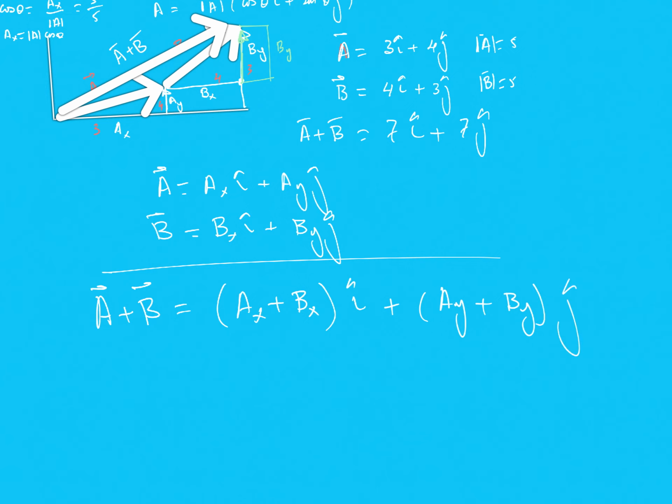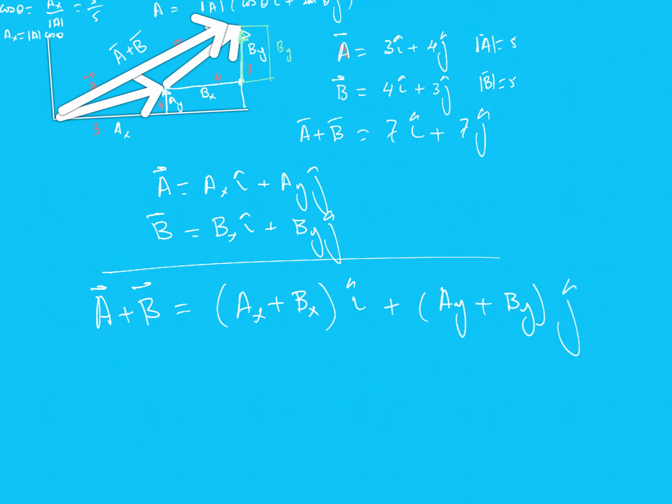So to sum vectors, we sum component by component, ax with bx in the i direction, and ay plus by in the j direction. And look in this picture, it makes sense that this is the vector A plus B.